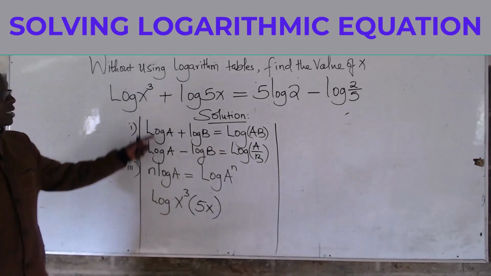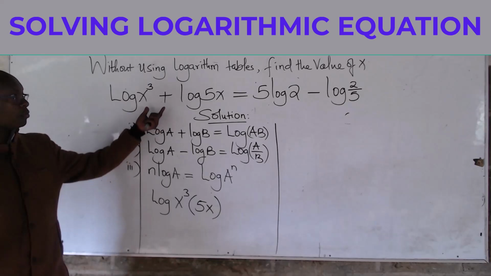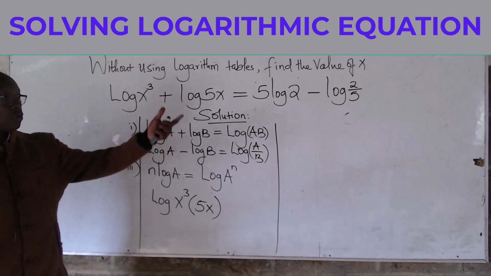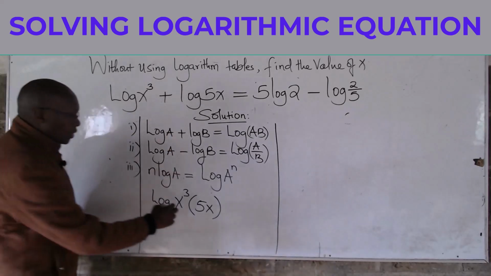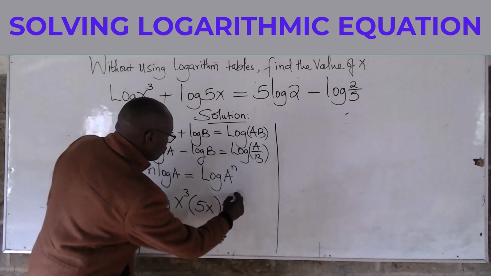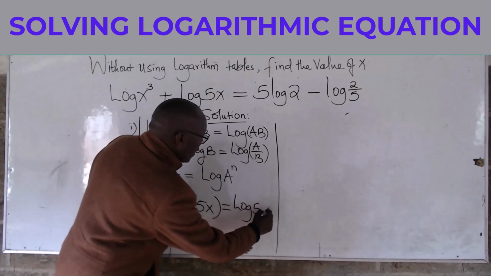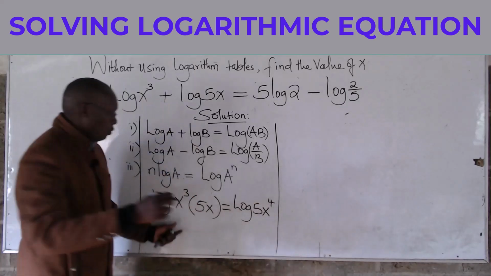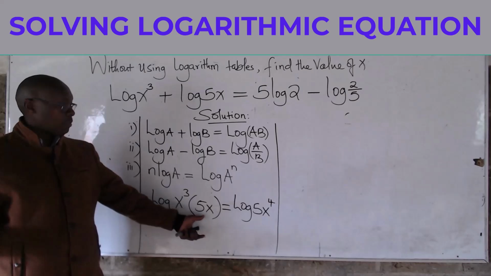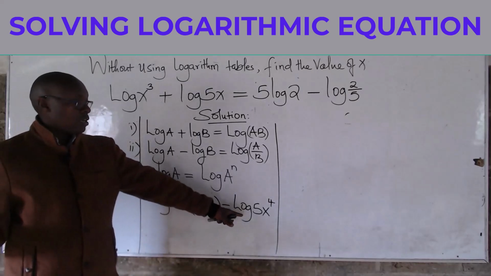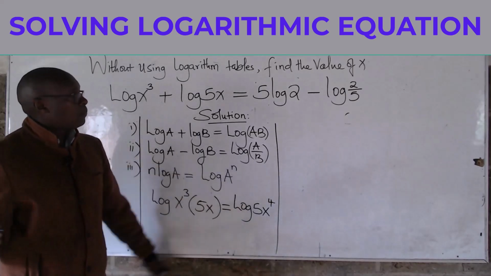This is the left-hand side. We shall work out the left-hand side, then we go to the right-hand side. So this will simplify to logarithm of 5x raised to power 4. When you multiply, x cubed multiplied by 5x will be 5x raised to power 4.